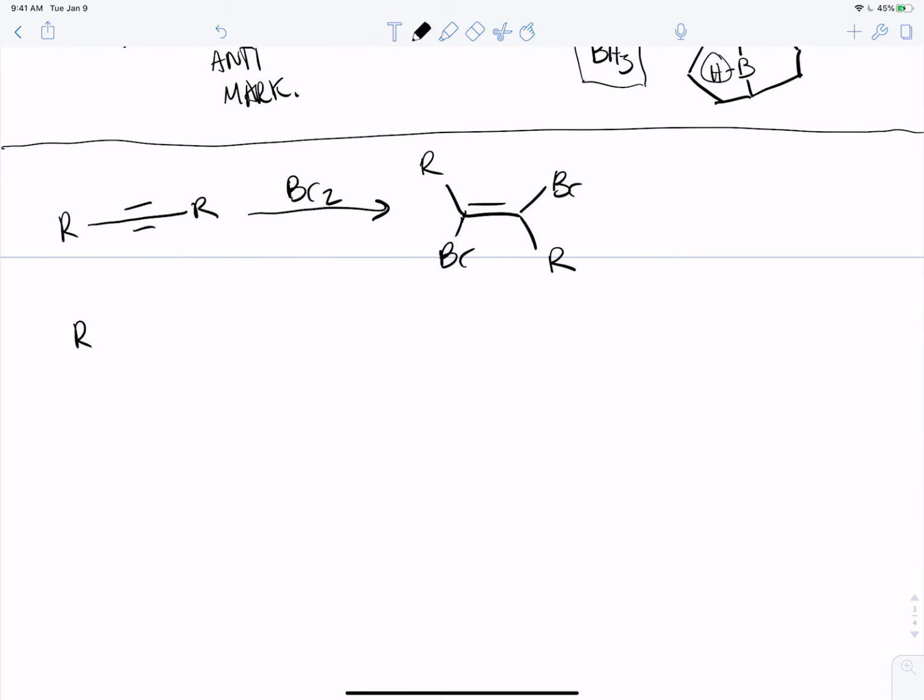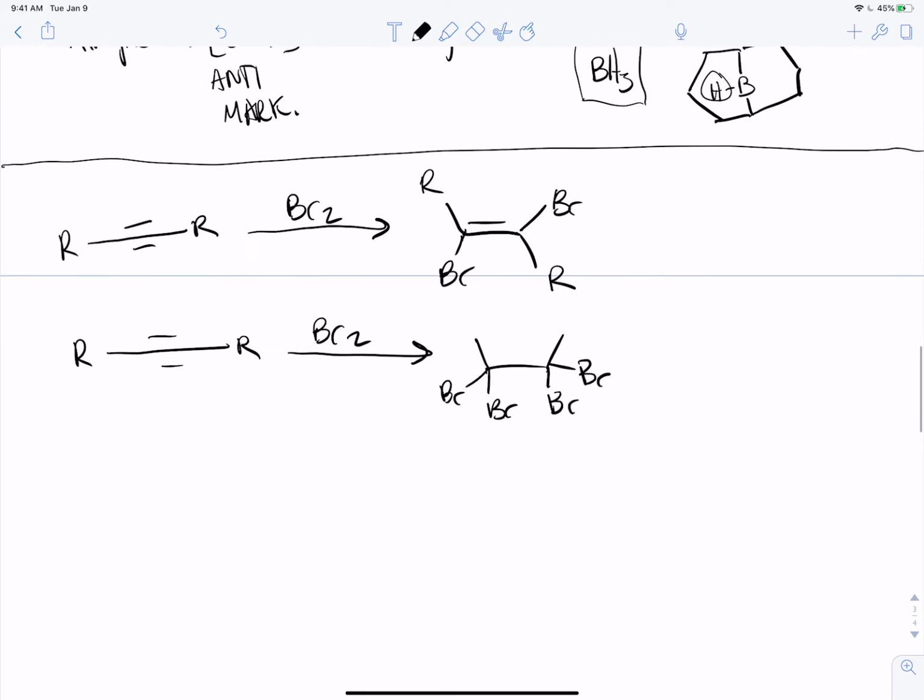If I use an excess of that, then the reaction will keep going because alkenes are really reactive with bromine. Then I'll end up getting this tetrabromo compound.